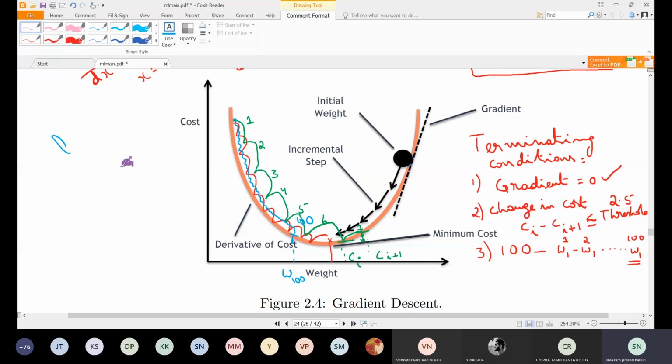సో if the learning rate is small, blue color అండి, blue color curve, learning rate is small.